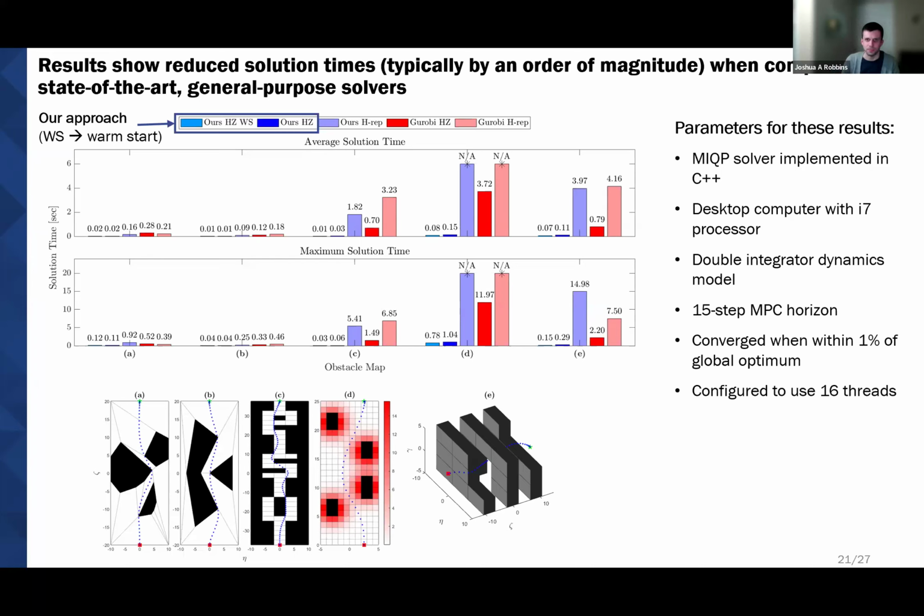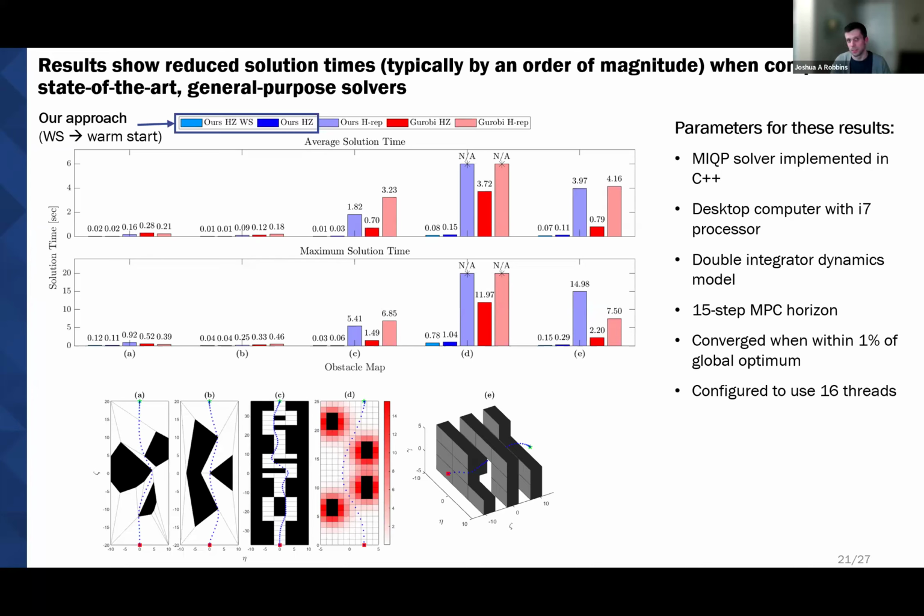And right, so as you can see, our solver always solves the optimization problem more quickly than Gurobi, usually by an order of magnitude. And our solver is always faster using hybrid zonotope constraints than using HREP constraints due to its structure-exploiting construction. Gurobi, on the other hand, is sometimes faster with hybrid zonotope constraints and sometimes faster with HREP.